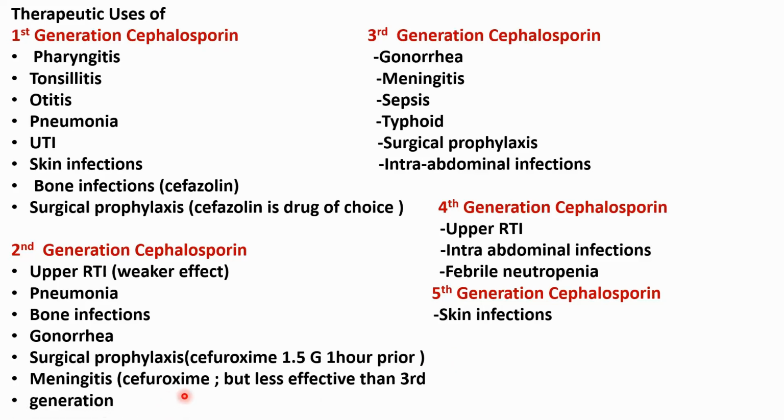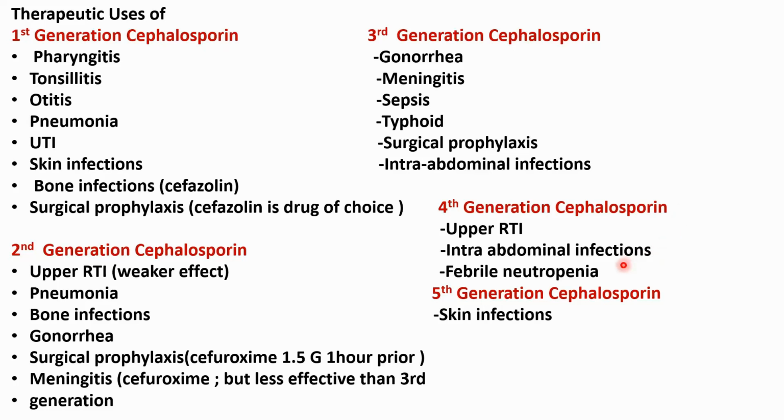Now for third generation cephalosporin, they are used in gonorrhea, meningitis, sepsis, typhoid, surgical prophylaxis, and intra-abdominal infections. Now let's go to the fourth generation cephalosporin. They are used in upper respiratory tract infection, intra-abdominal infection, and febrile neutropenia.